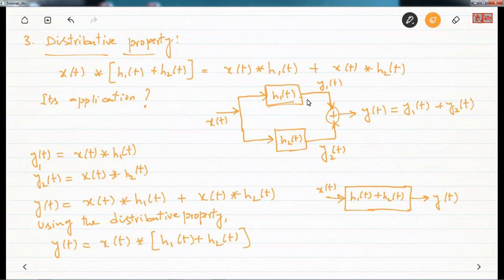So a parallel connection of two LTI systems can be simplified and replaced with another LTI system having its impulse response equivalent to the summation of these two impulse responses. Right? Okay, so the three main properties are done.